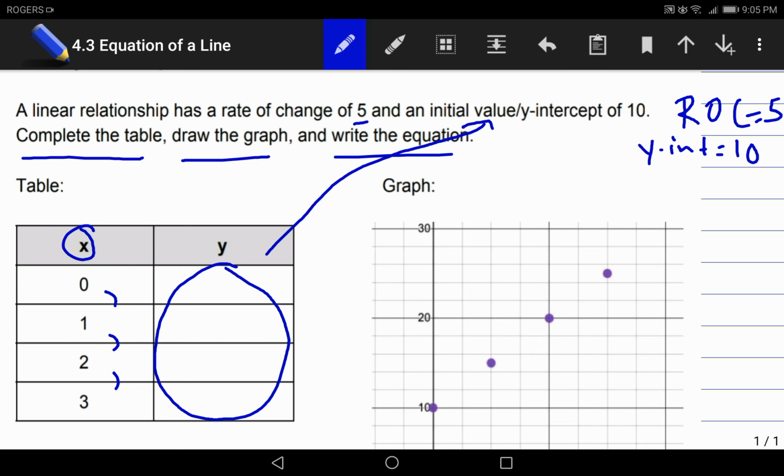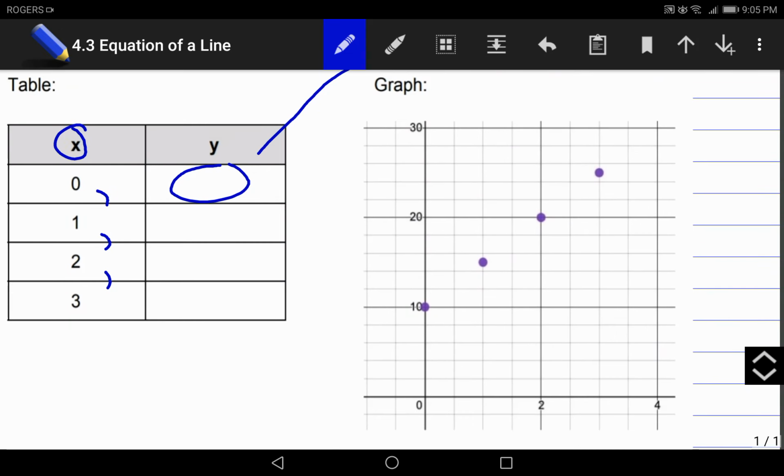So it says that the initial value, or the y-intercept, is 10, and then there's a rate of change of 5 after that. All right, so what value should I put into this first spot here? If my x is 0, that must mean that I am, if I look at my graph here, remember this is my x-axis, my x is 0, that means I'm right on the y-axis.